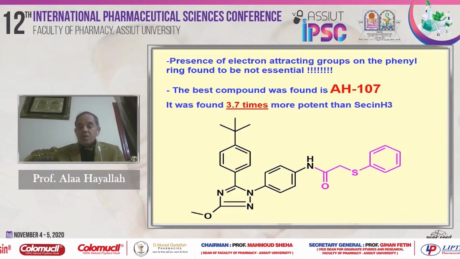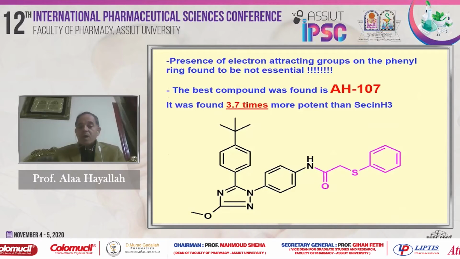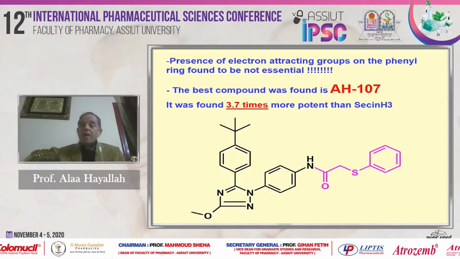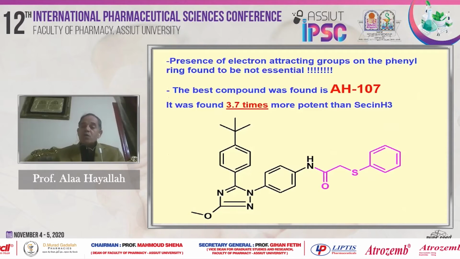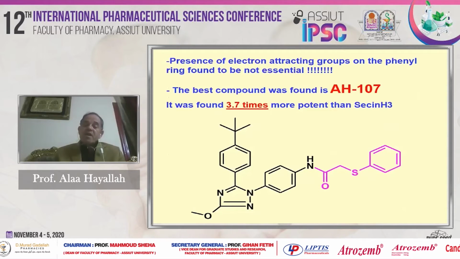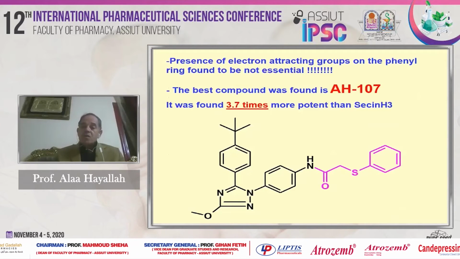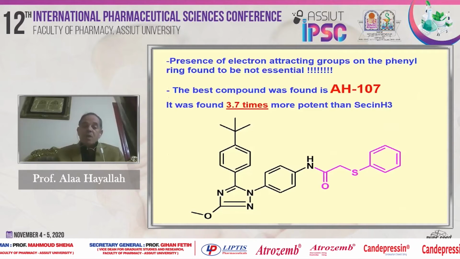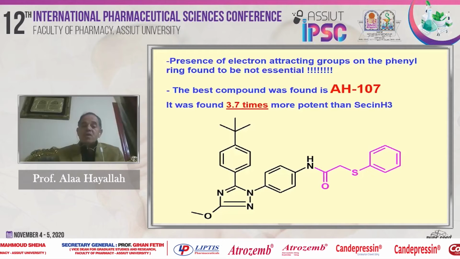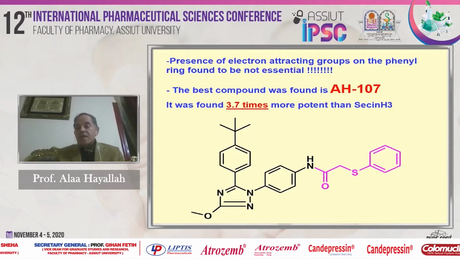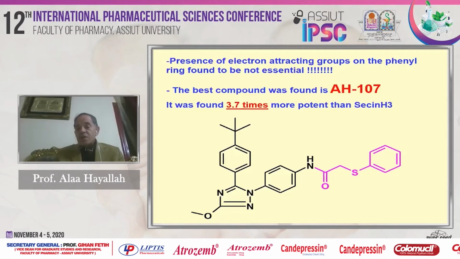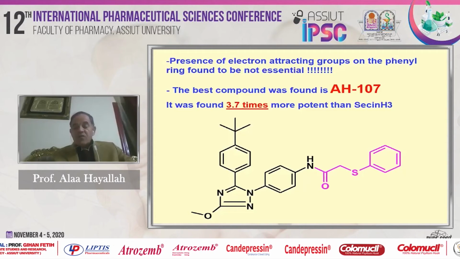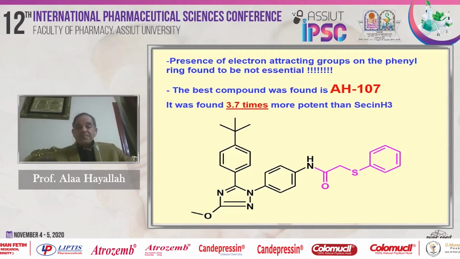But to our big surprise, the best compound found was AH107, in which we introduced a tertiary alkyl group as an electron donating group. Actually, in the beginning, we introduced this moiety for comparison of the activity between electron donating and electron attracting groups, but this compound was 3.7 times more potent than CSNH3. This, in brief, is the QSAR of this derivative.